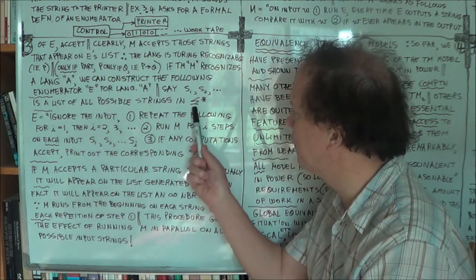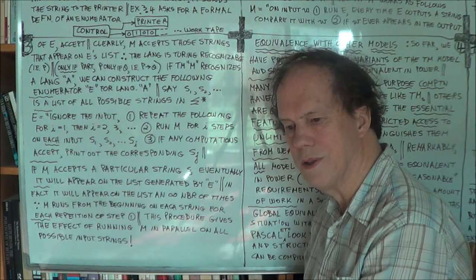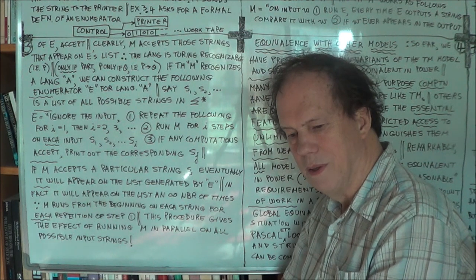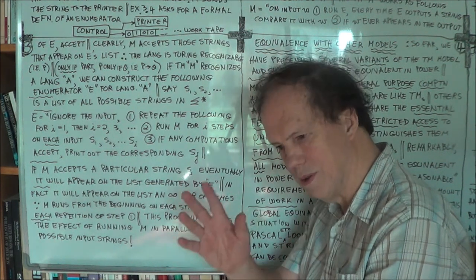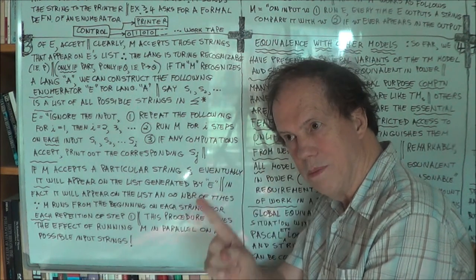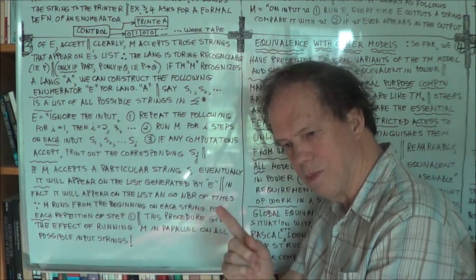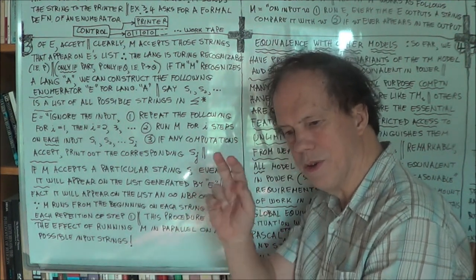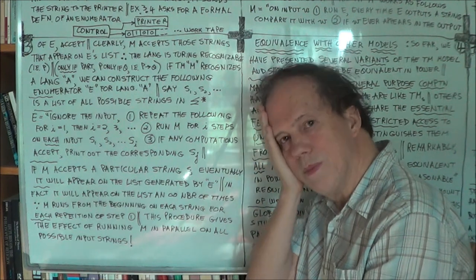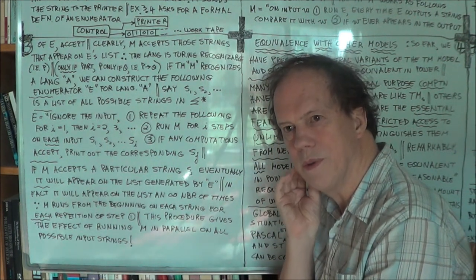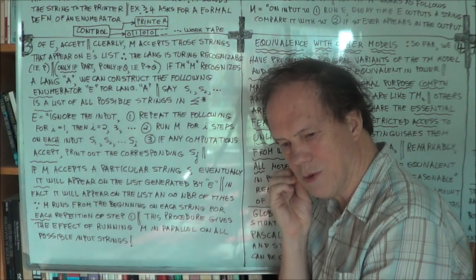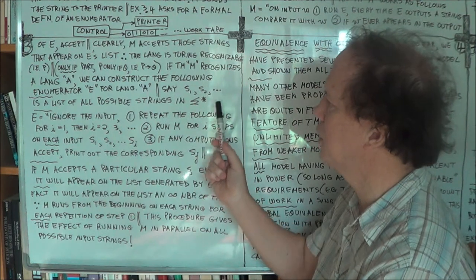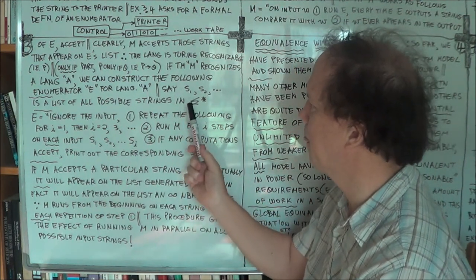If the alphabet has, let's say, N symbols, your first N strings would be those N one-symbol strings. Then all possible strings with two symbols, so you'd have N squared of those, and all possible strings with three symbols, N cubed of those, and so on. So you just generate all possible strings.